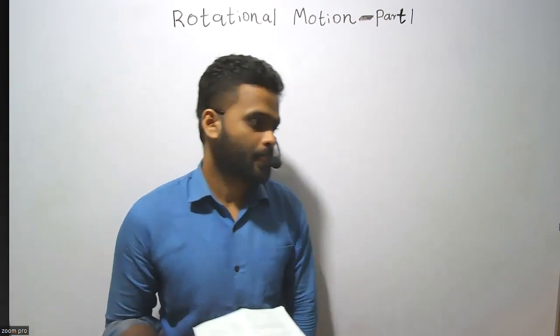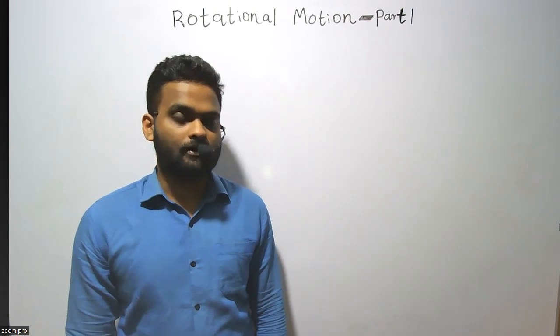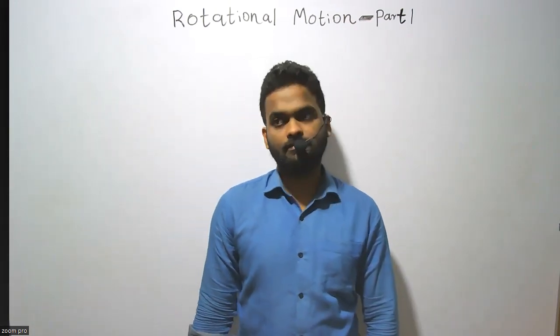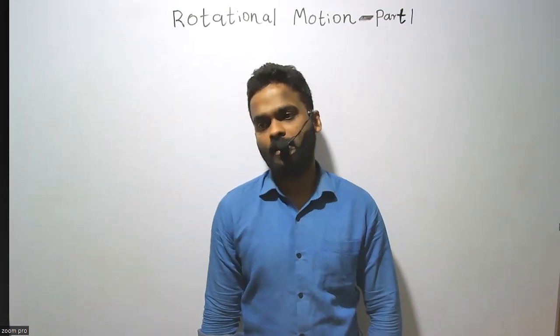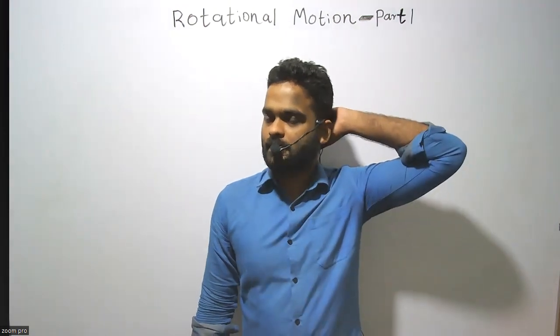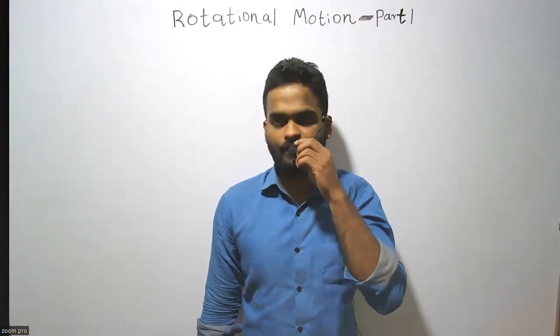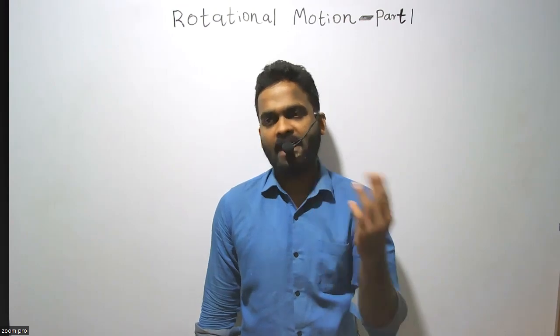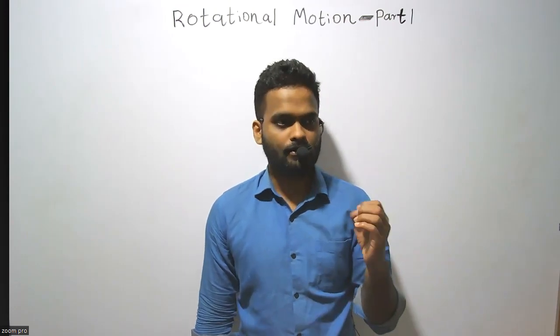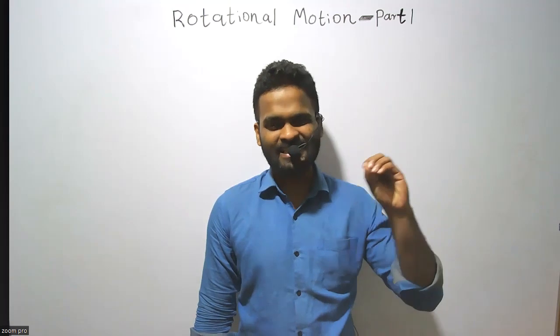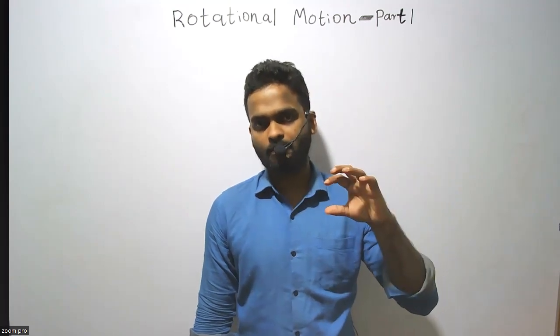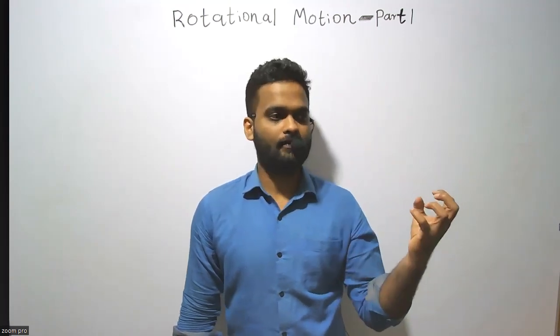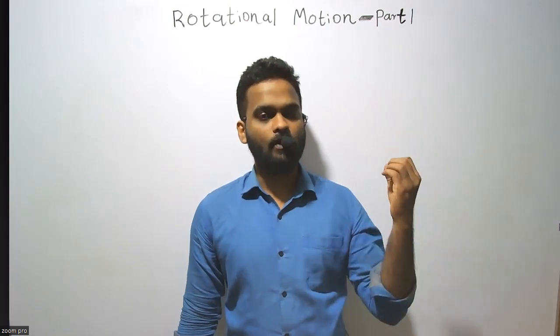Then we need to talk about moment of inertia. In linear motion, this physical quantity is similar to mass. For linear motion, the inertia is caused by mass, right? So if we have a larger mass, we have larger inertia.